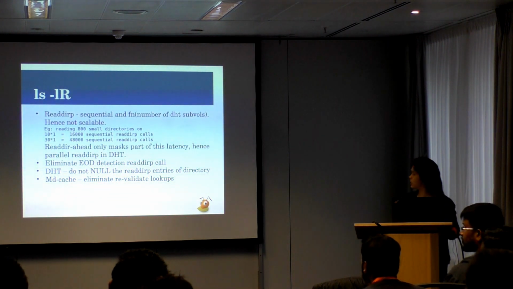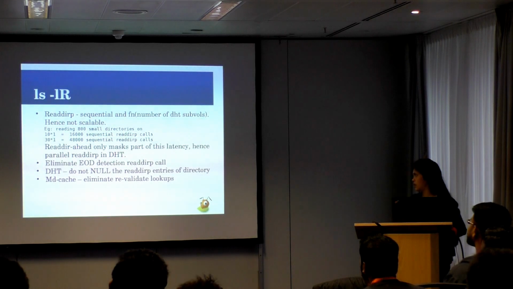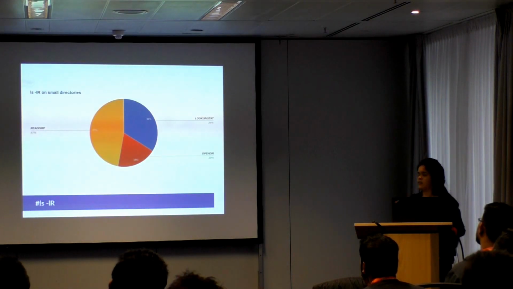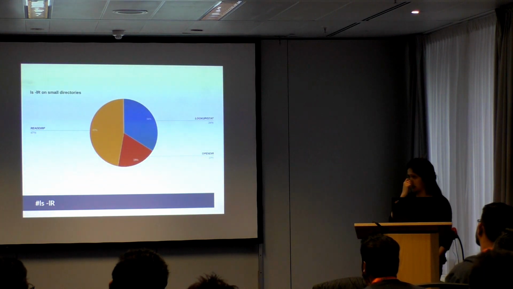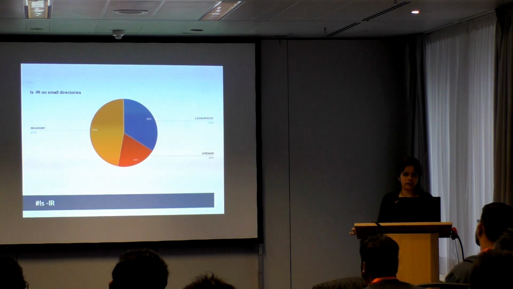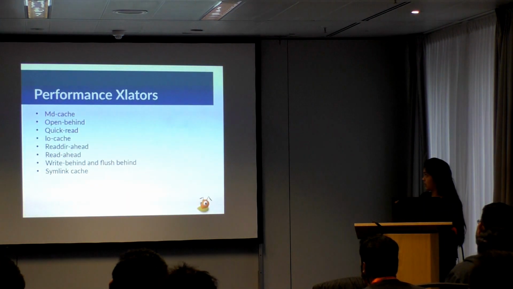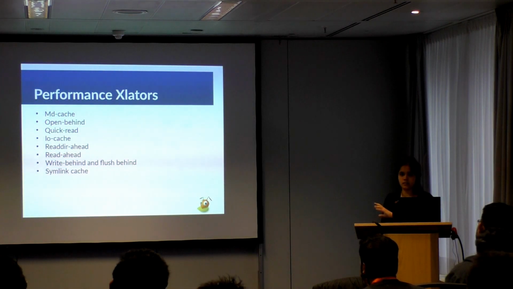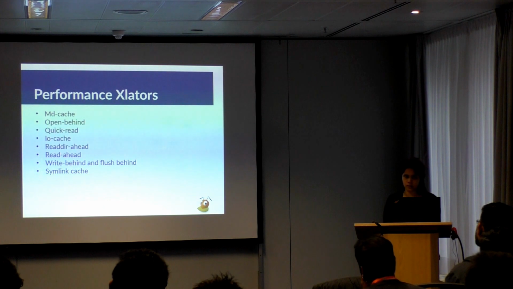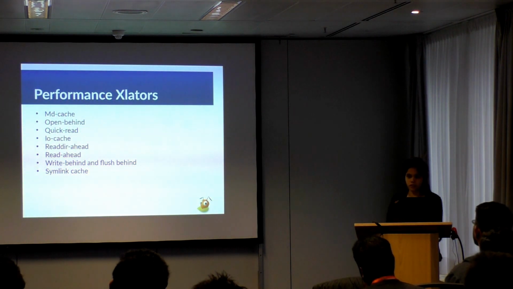The other thing is we also have certain positive lookups that keep coming. Like fuse duplicates it, we still have to cache those. One more thing I missed in the previous slide was that all these performance accelerators have a 1 second timeout by default. It can be increased, but at the cost of consistency. MD cache, IO cache, all of them have 1 second by default.